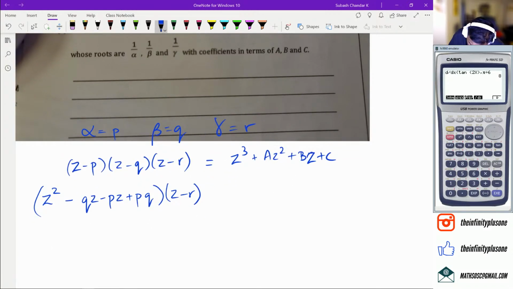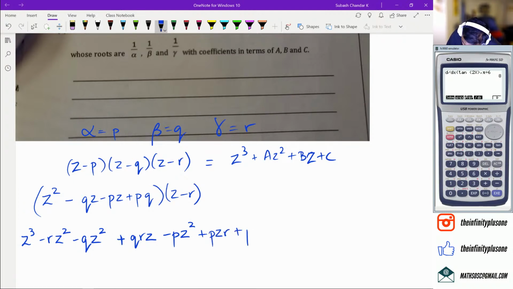So then we're going to get z cubed minus r z squared minus q z squared plus qrz minus pz squared, no, I messed up, plus qrz minus pz squared, and then plus prz plus pqz minus pqr.